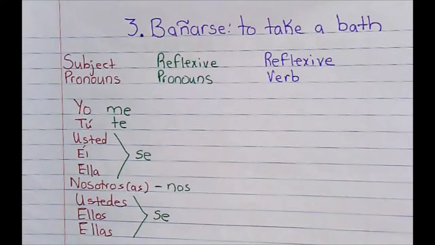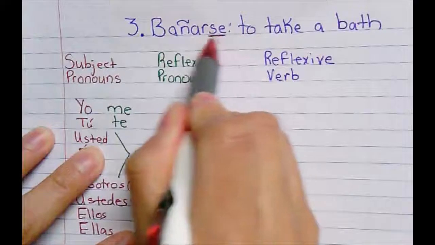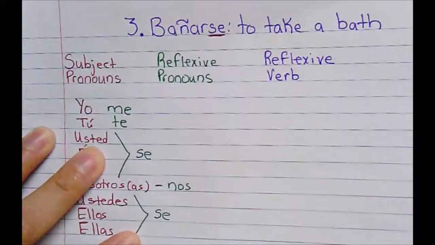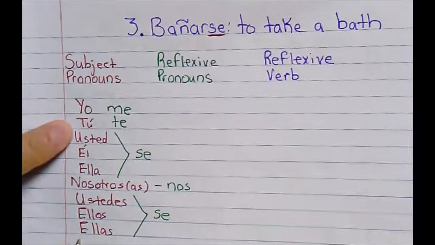So the next thing you do is, one of the things I've told my other classes in the past is, when you see the se at the very back of your verb, that lets you know, hey, this is a reflexive verb, and I'm going to need a reflexive pronoun before I conjugate it. So I have my subject pronouns written down.